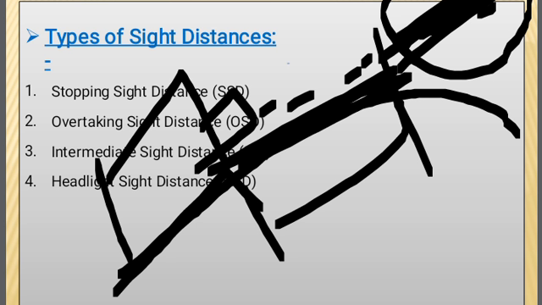Only the distance actually covered by the headlight on the road is headlight sight distance. The definition is the distance which is visible to a driver when driving during the night under the effect of illuminated headlights of the vehicle, and headlight sight distance is considered equal to stopping sight distance.